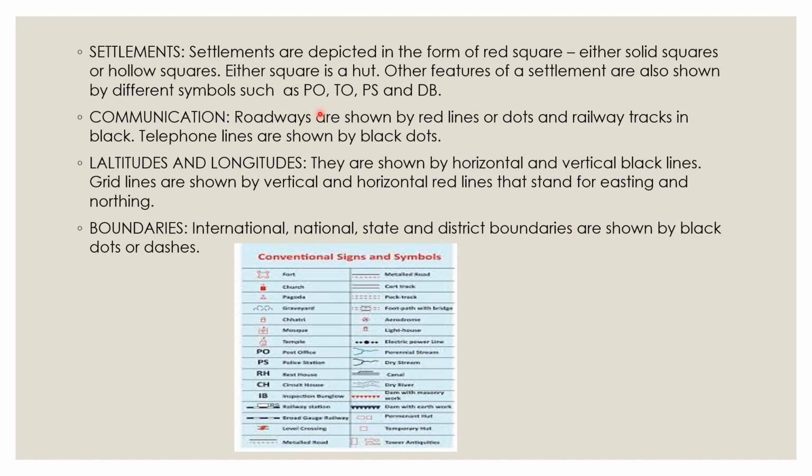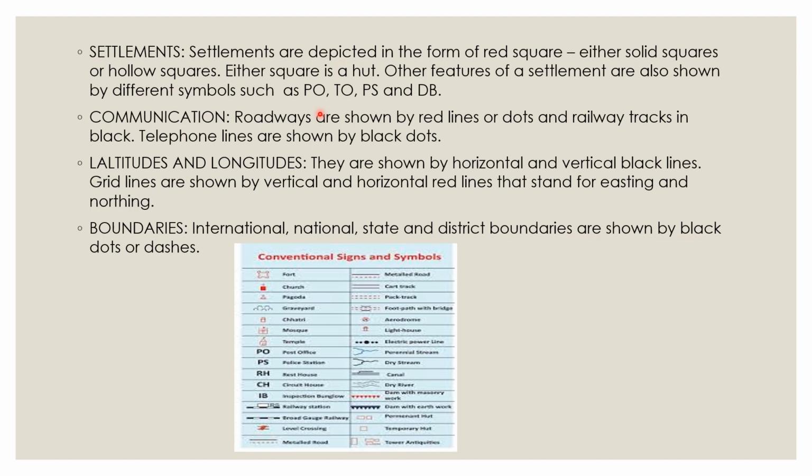So here in settlements, they have said that settlements are always shown in red color, red squares, and some are solid squares and some are hollow squares.